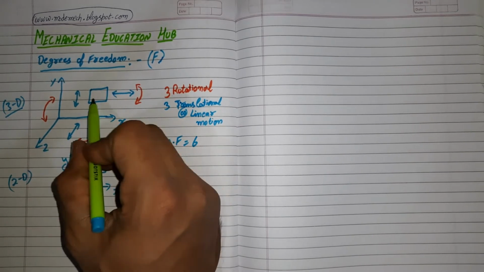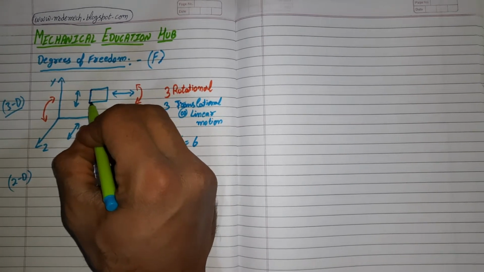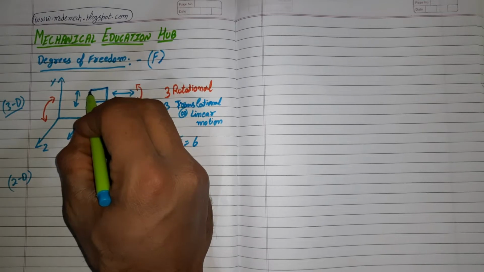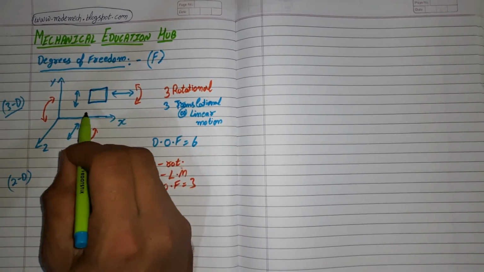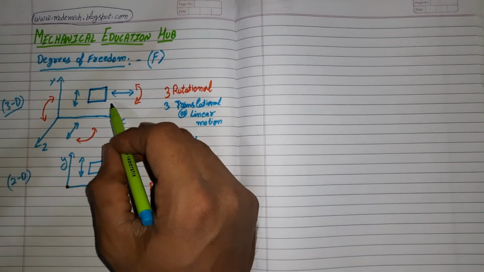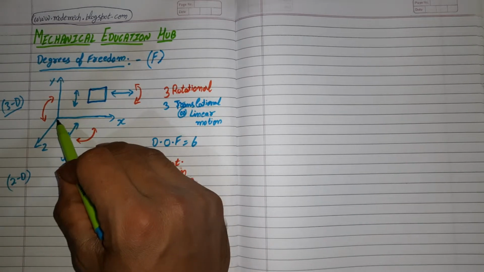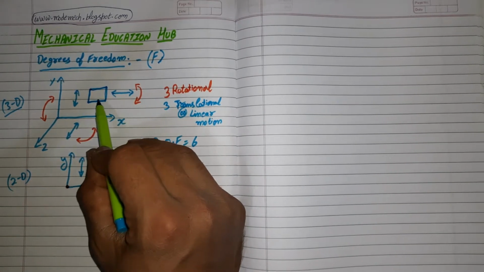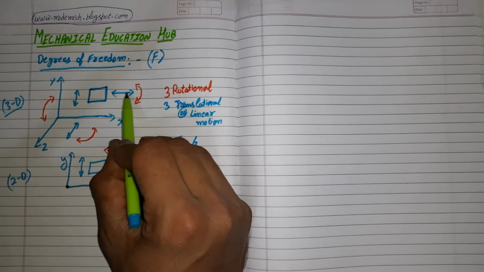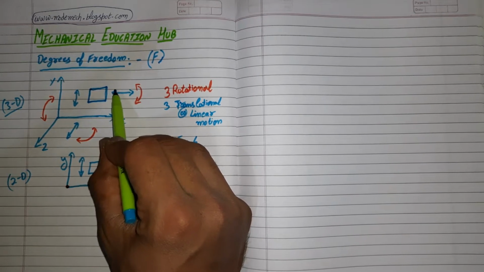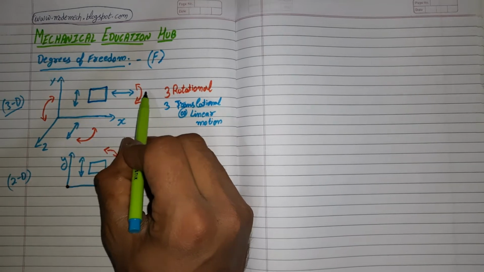axes, and we consider an object in this 3D space system. Now let us see the maximum possible movement this object can have in this 3D space system. First one, this object can move along x-axis, that's positive x or negative x.